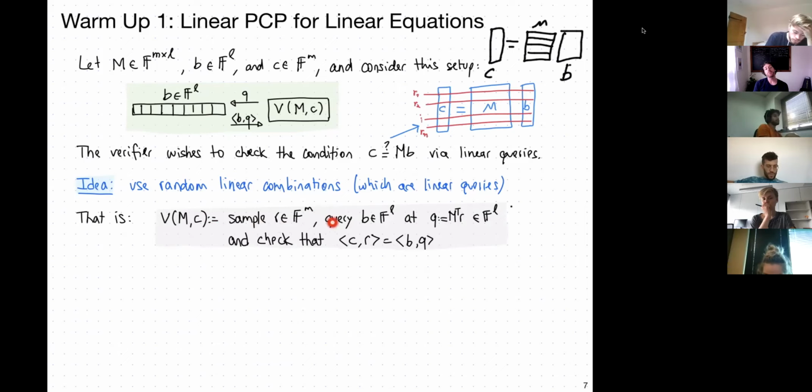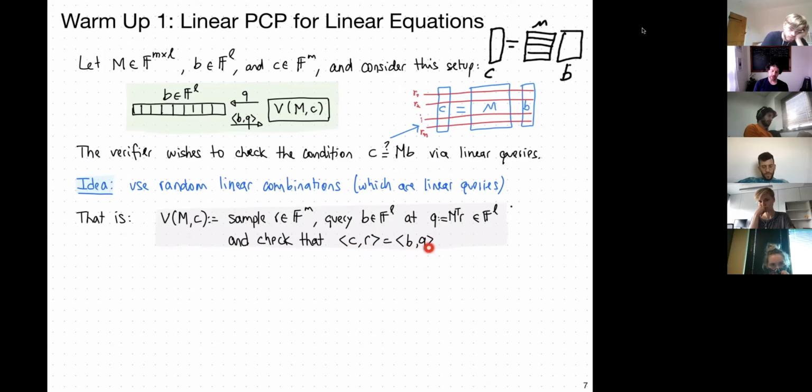We'll sample some random field element R. We'll query B at M transpose times R. All this is doing is taking these equations plus R1 times these equations, R2 times this equation, and so forth, combining them, and checking that the inner product of C and R is the same as the inner product of B and Q.